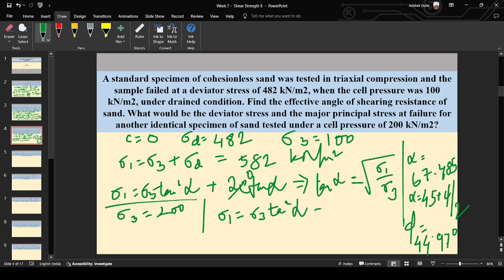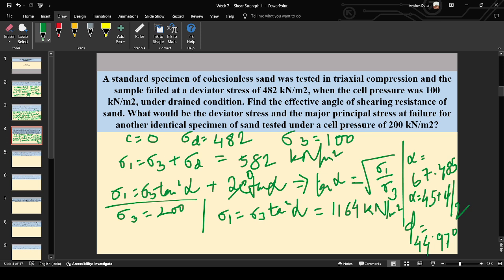Now for the same specimen, alpha equals 45 plus phi by 2 equals 67.485, as we have found out. Sigma 3 is 200. So we get a value approximately 1164 kilonewton per meter square, sigma 1.